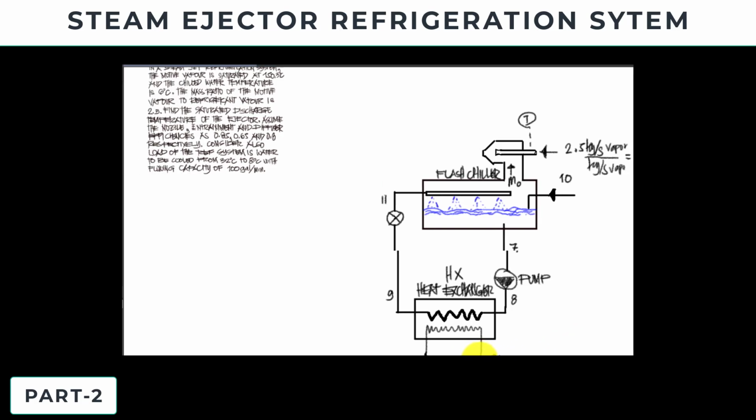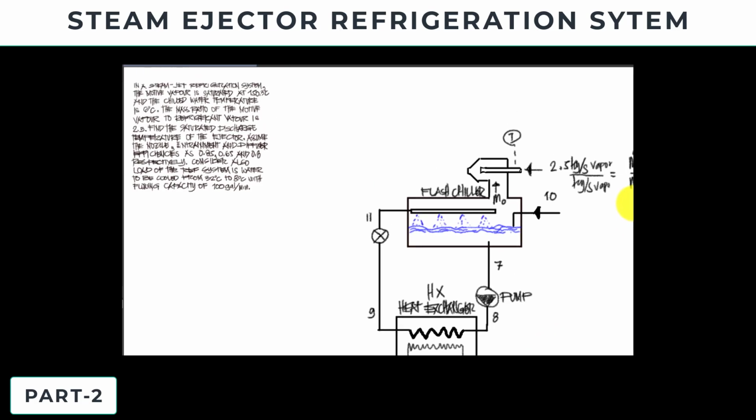The problem also states that the temperature of the chiller is 6 degrees. So the temperature of my flash water is being lowered to 6 degrees Celsius, and there is a makeup water.